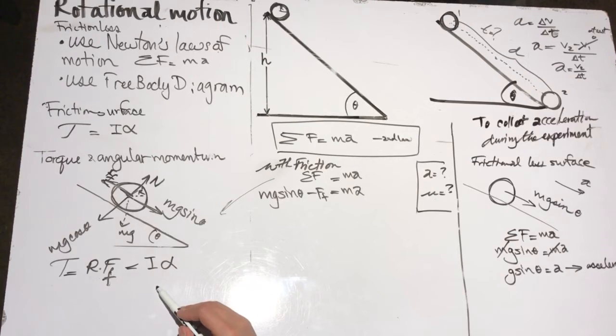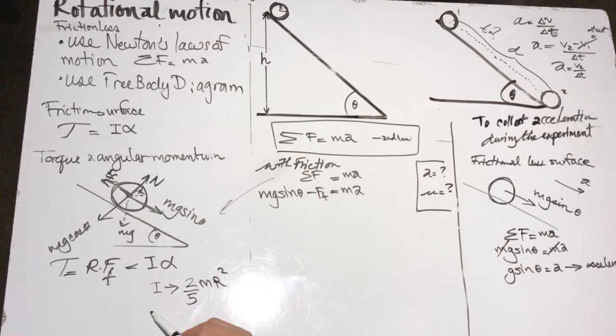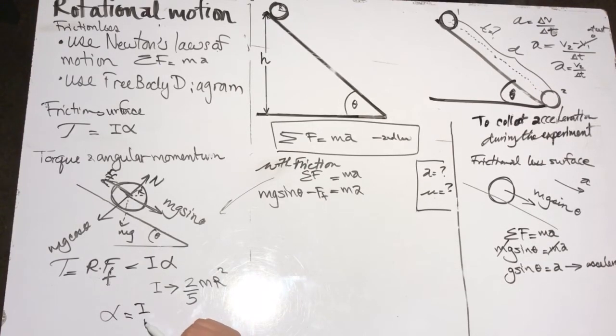But then you're also going to have to know that I is different. In this case, I'm just going to use an example of a solid sphere. Angular acceleration is equal to translational acceleration divided by radius. That's what you need to know. So you have to apply these two pieces in that one equation.